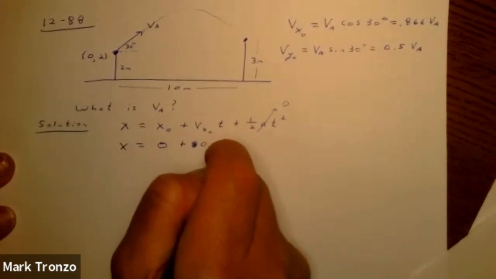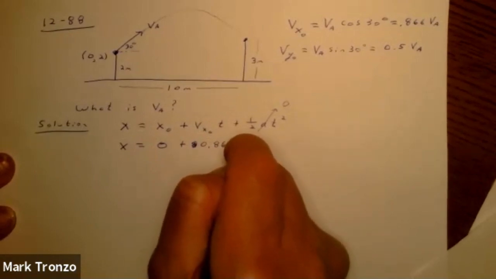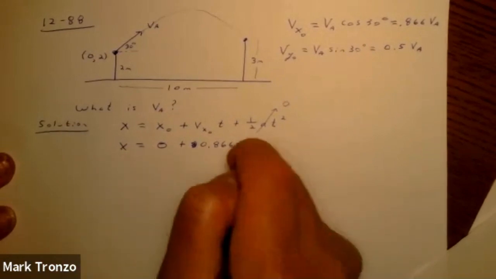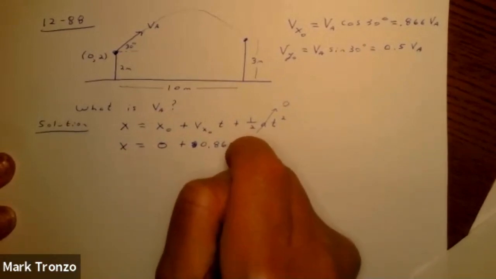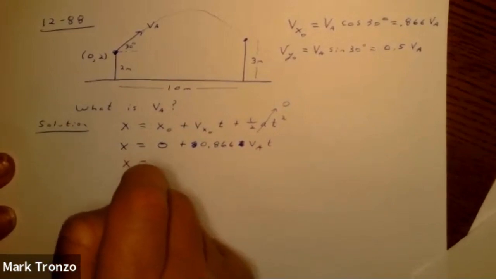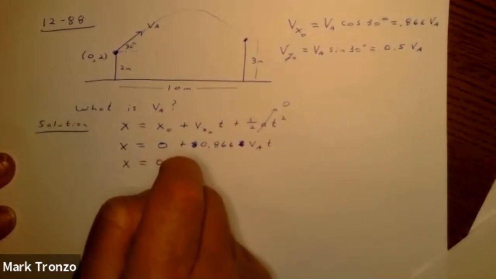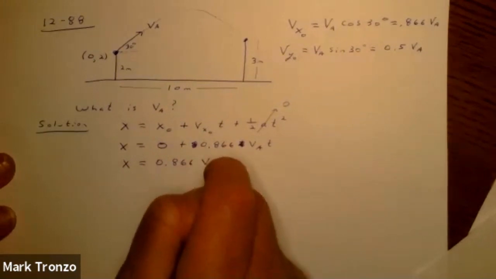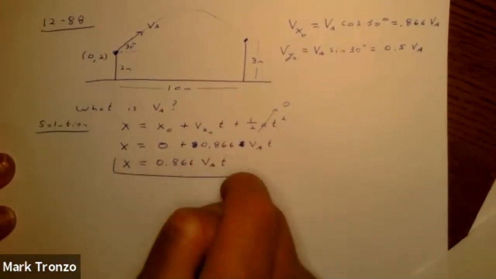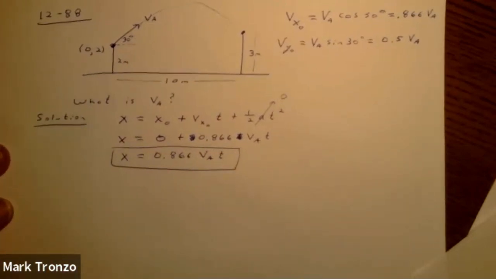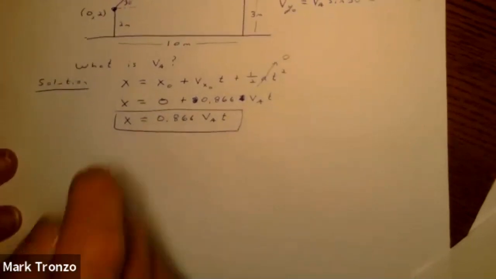And then plug in the value: 0.866 VA t. Excuse me, I left off VA here, sorry. Let me clean that up a little bit. This is going to be 0.866 VA t. We don't know what that initial velocity is yet, so we can write it like that so far. So that's the x direction. Now let's also do the y direction.